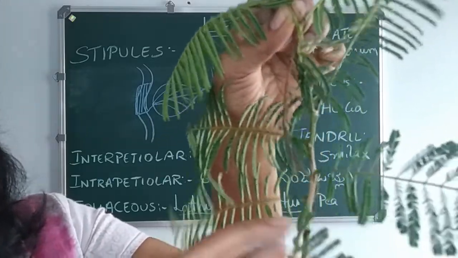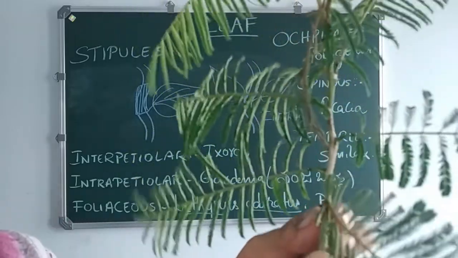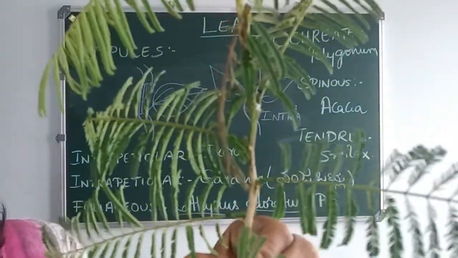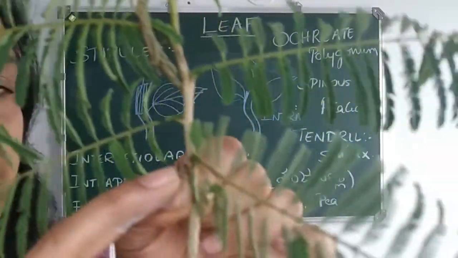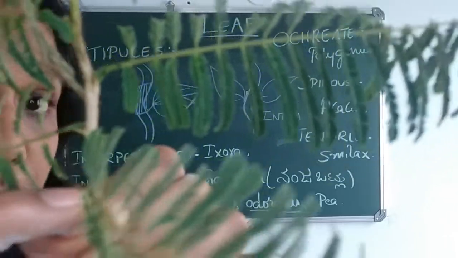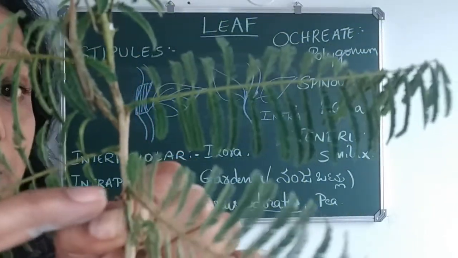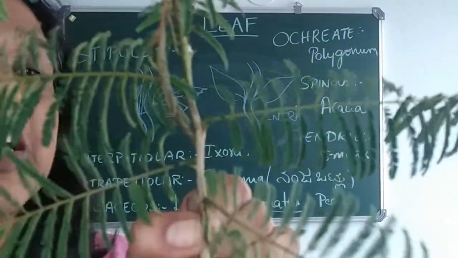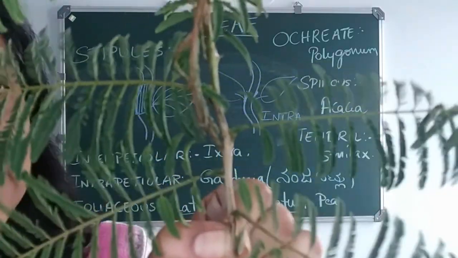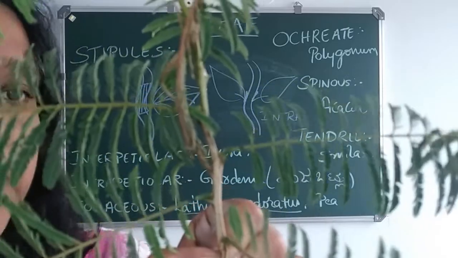Now, please look here. The petiole is the base of the leaf. Here you can see a spine. Can you see two spines on the opposite sides, which are supposed to be stipules? They are definitely modified into very sharp, prickly spines, quite painful to pick up the sample.